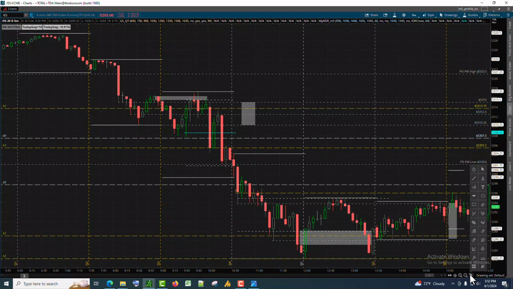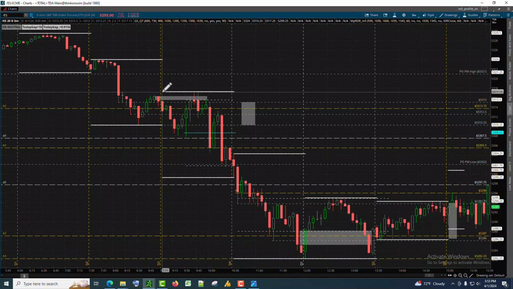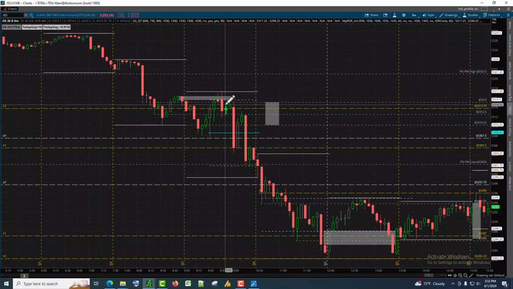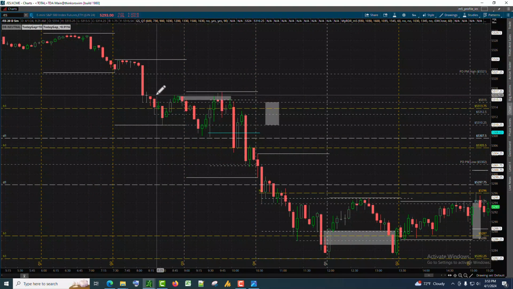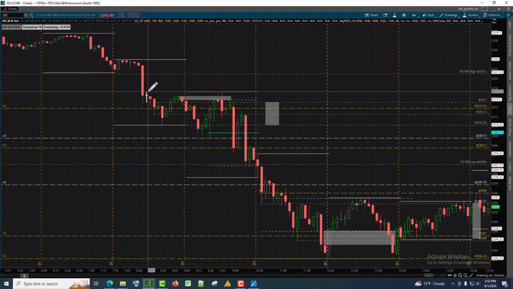Let's see how much we reach. If we decided to go early in here, you see that the highest is this candle exactly.